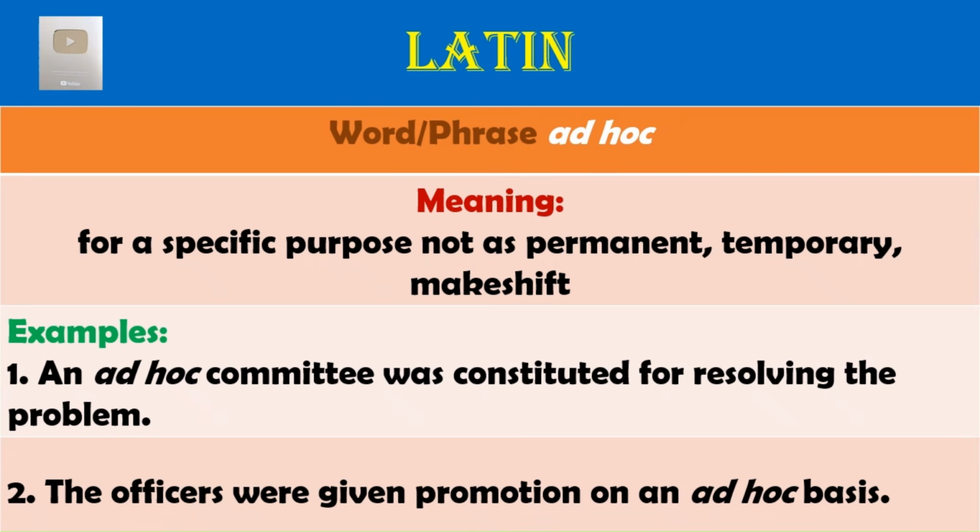When it is used in English, ad hoc means for a specific purpose, not as permanent. Or it also means temporary, and it also means makeshift. So here there are three different meanings. They are synonymous with each other, and the word is ad hoc.